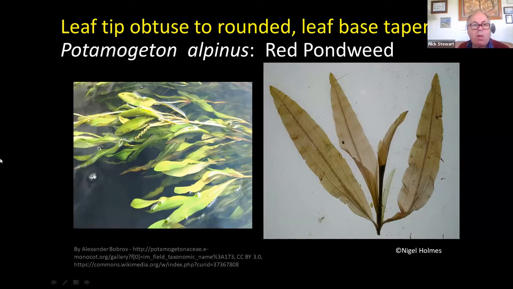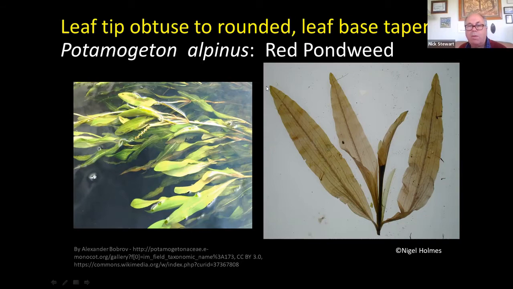Moving on to the next box, we're now dealing with the leaf tip rounded, but leaves with tapered bases. And here the only option is Potamogeton alpinus, the red pondweed. You can see the leaves are quite narrowly tapered, but ultimately we've got quite a rounded tip to the leaf.